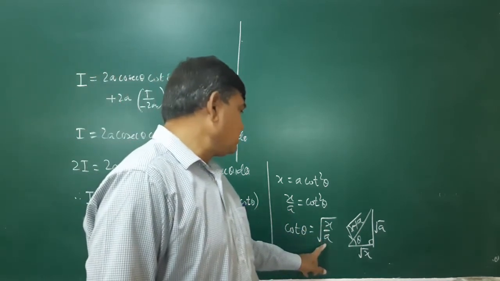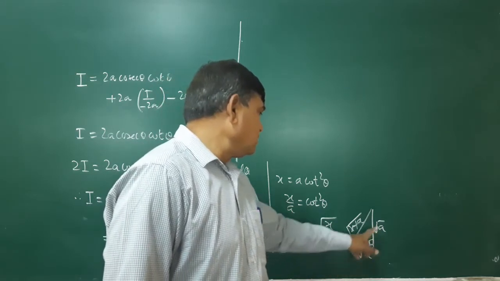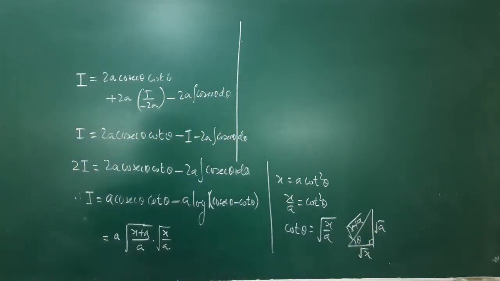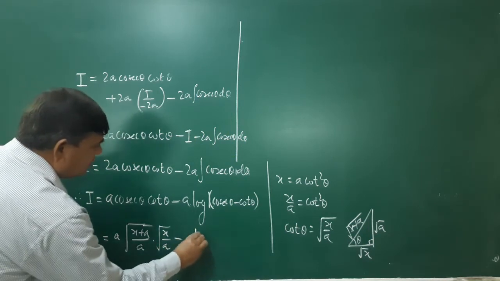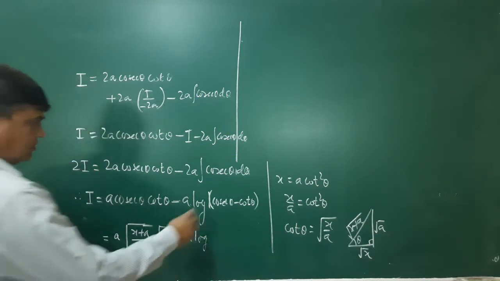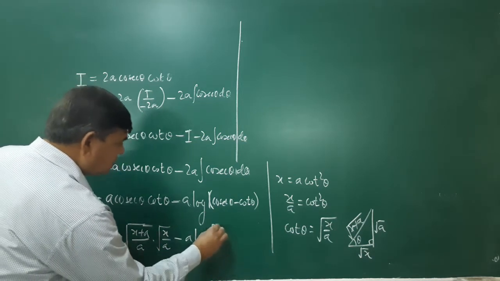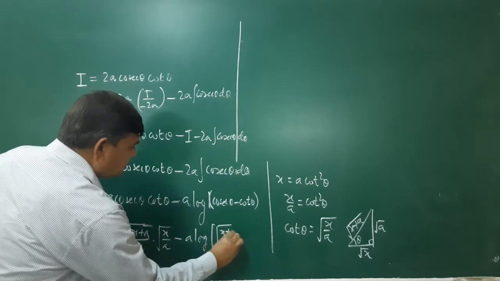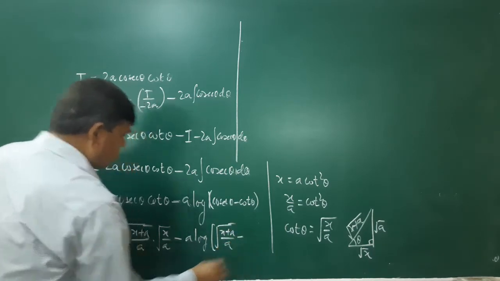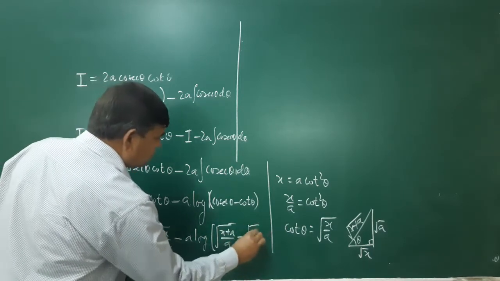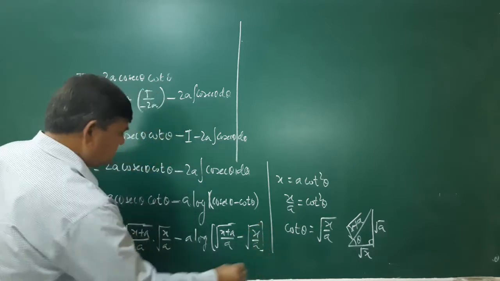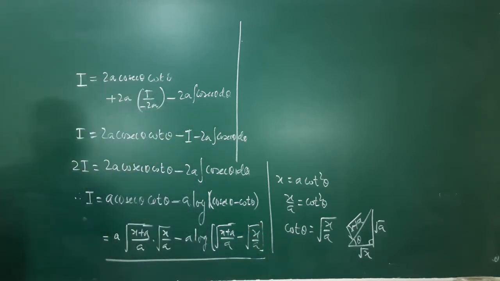And minus a log of cosec theta minus cot theta, that is root x plus a by a minus root x upon a. Yes, this is the indefinite integral.